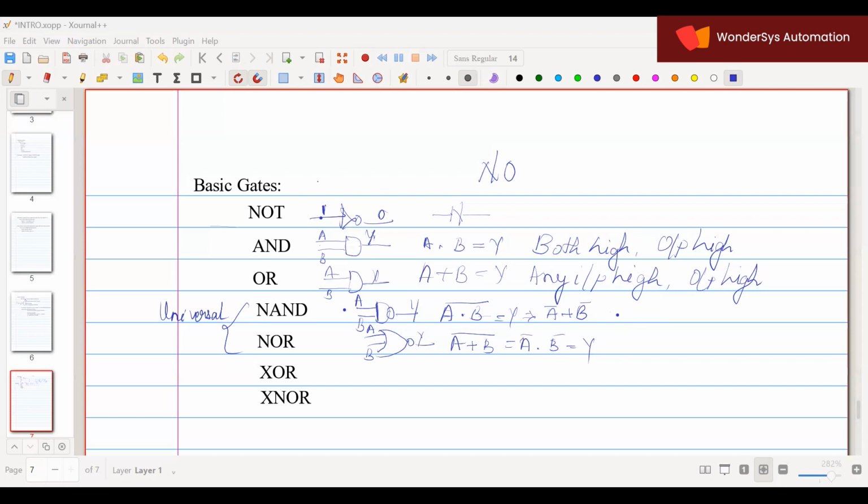If both the inputs are high, then the output will be? Output is also high. If both the inputs are high and the output is high, then it will be an AND gate, no? Okay, now what about the NOR gate? Both the inputs are high. Whether you consider both the inputs or any.